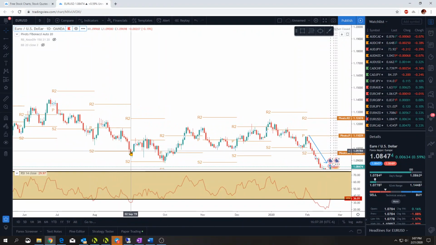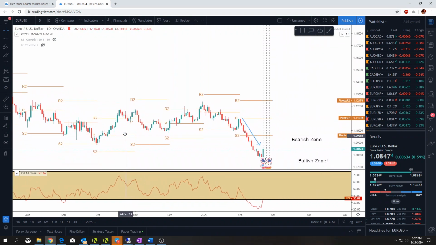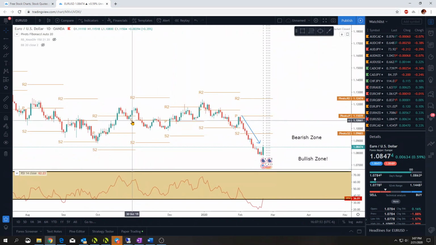This one, I'm going to call that one a winner because this one was more drastic. So 7 out of 9. 8 out of 10. Price hit R2 and eventually double topped. I'm going to say you would have held through there. Call that one a winner. So what is that? 9 out of 11.